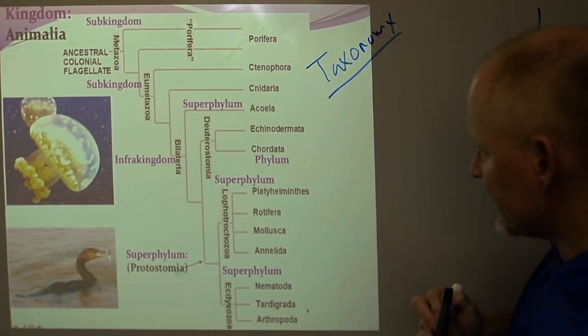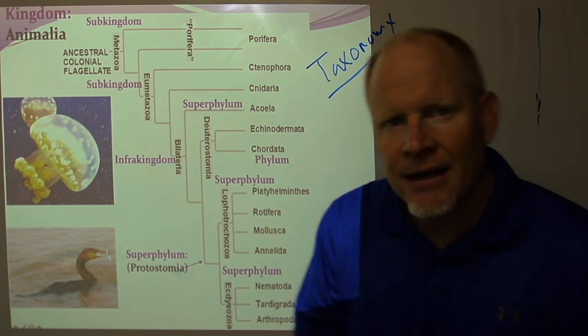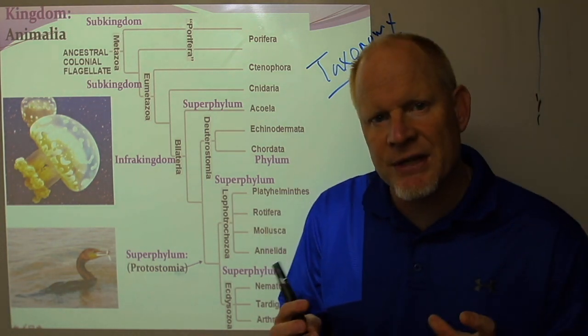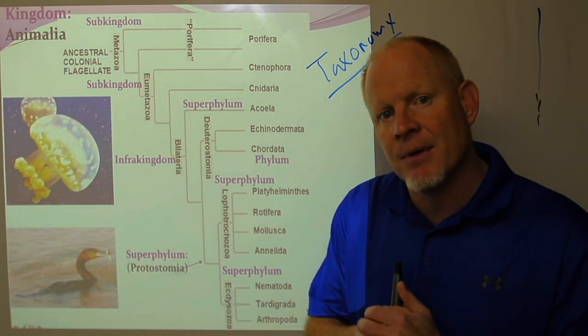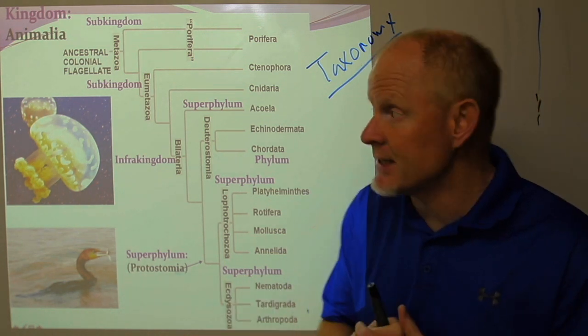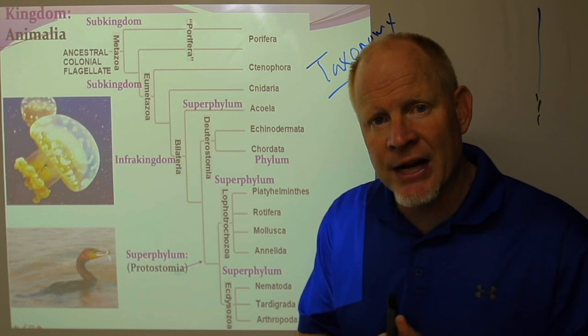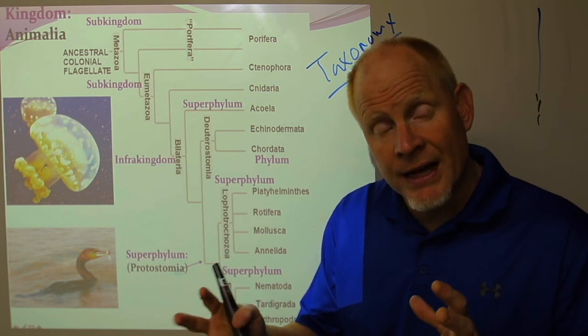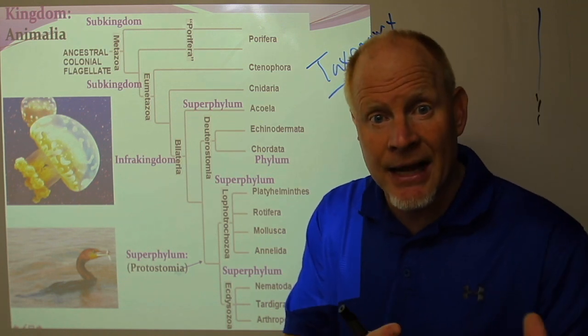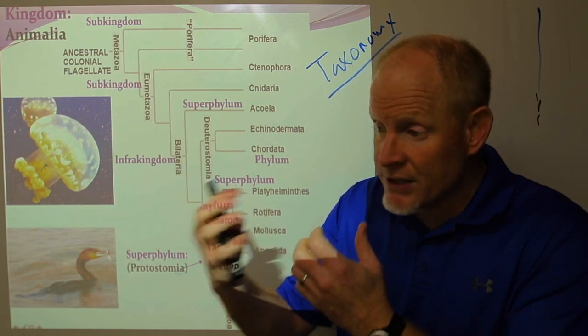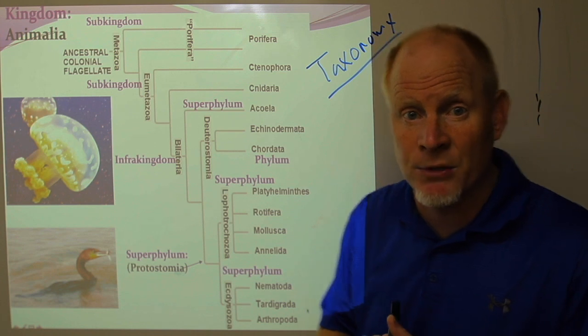All right, and as you can see here, the taxonomy in many cases is a little confusing because it doesn't always add up to how the phylogeneticists actually classify organisms. Taxonomists and phylogeneticists often have different goals, and that's why it seems so confusing when you look at how taxonomists group animals versus how phylogeneticists group animals.